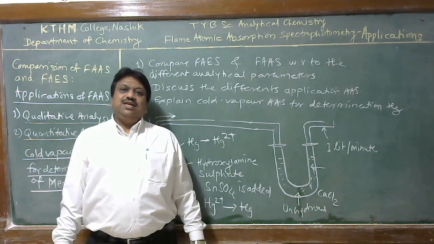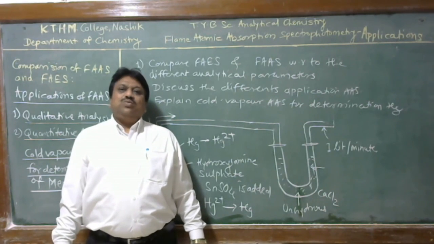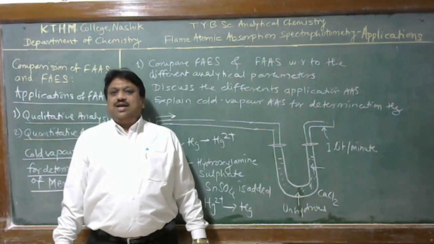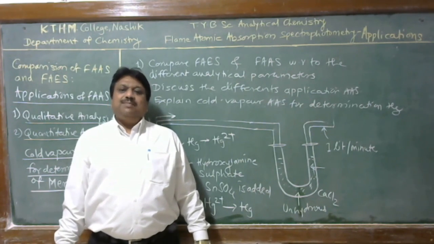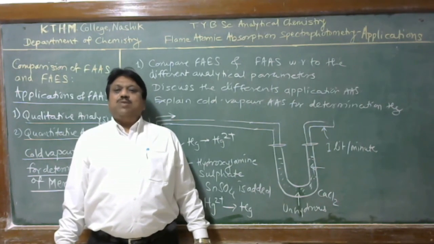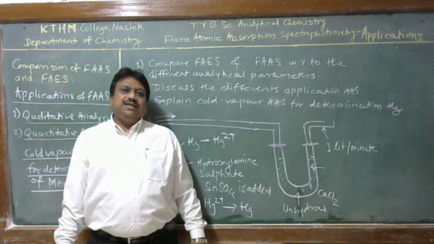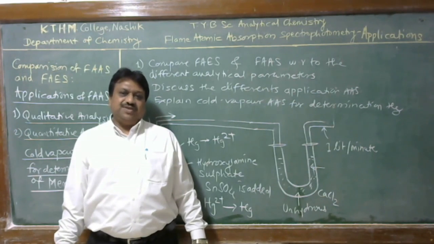Then we discuss the polarographic technique of analysis. After that, we discuss the molecular absorption spectrophotometry, and at the end we discuss the flame atomic absorption and flame atomic emission as atomic spectroscopic methods of analysis. With this, we complete the total syllabus of the analytical chemistry of this term.